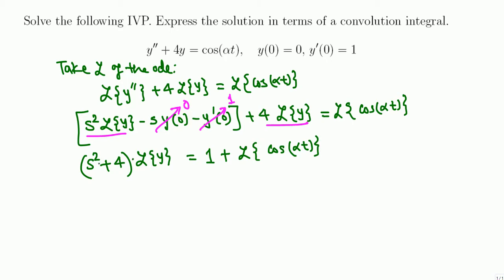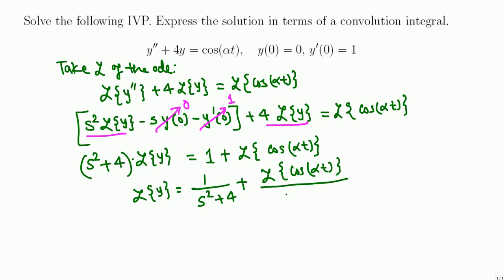Now divide by this to isolate Laplace of y, so Laplace of y is 1 over s squared plus 4 plus Laplace of cosine alpha t divided by s squared plus 4.